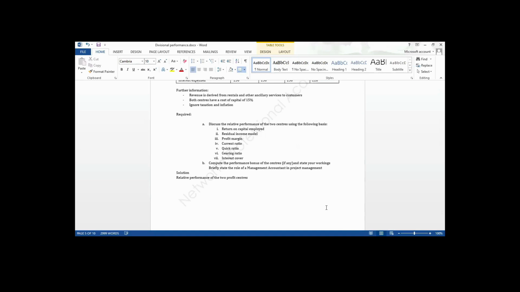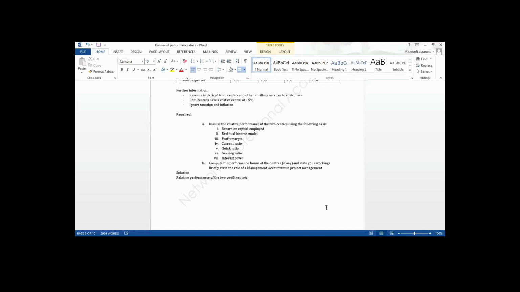What is gearing ratio? Gearing ratio is the proportion of debt. When we say gearing, we mean the extent to which a company has borrowed money. Your gearing ratio is calculated as debt over equity.